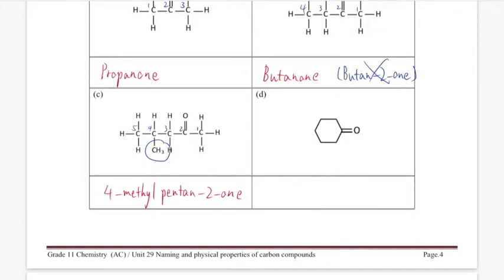Take a look at the last example. Here the longest carbon chain is a bit special. It's a cycloalkane, and it has 6 carbons in it, 1, 2, 3, 4, 5, 6.